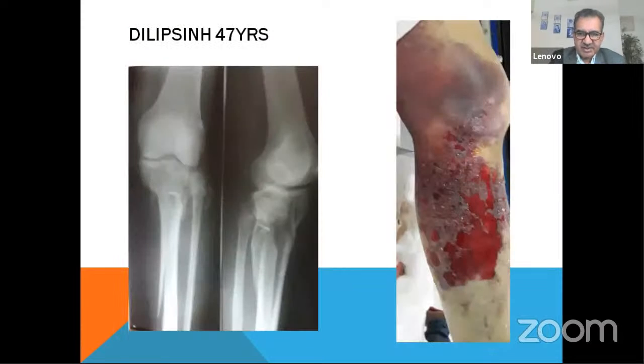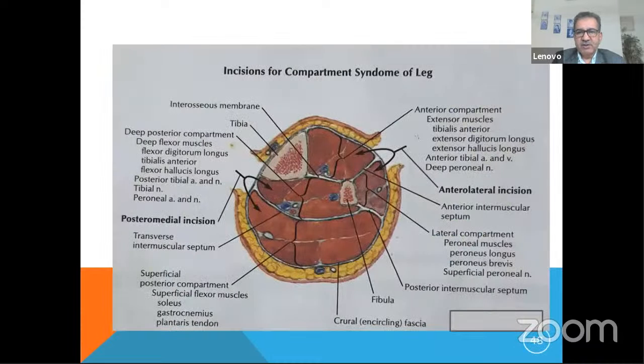So this patient, there is extensive contusion of the skin, a lot of blisters, and this patient would require a fasciotomy because it was an impending compartment syndrome, not yet established, but we would do a prophylactic release of the lateral side. So you know the knowledge about the compartments. These are the 4 compartments: anterior, lateral, then the deep posterior and superficial posterior, and you require 2 incisions, the anterolateral and the posteromedial.